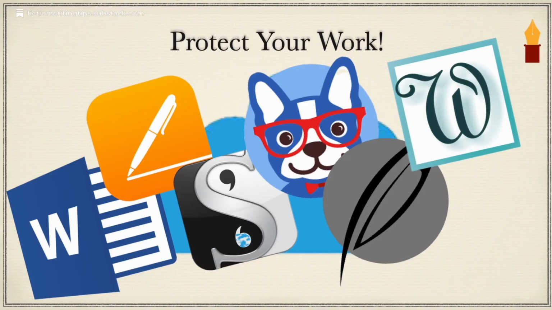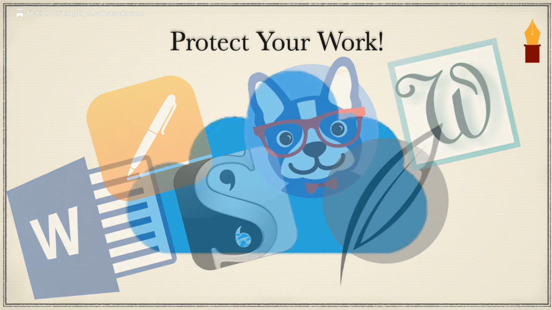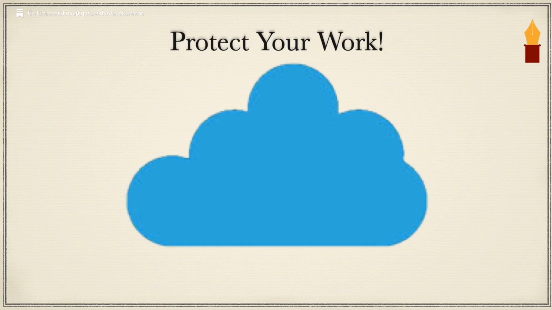Below this video, in the show notes, are 3 lists. The first list shows you potential writing software you can download to your computer if you want something with more organizational features than Word or Pages. The second list is for cloud apps you can use to save your writing to the cloud in the background.